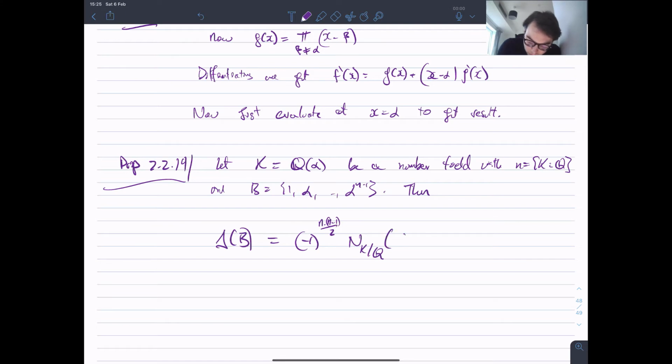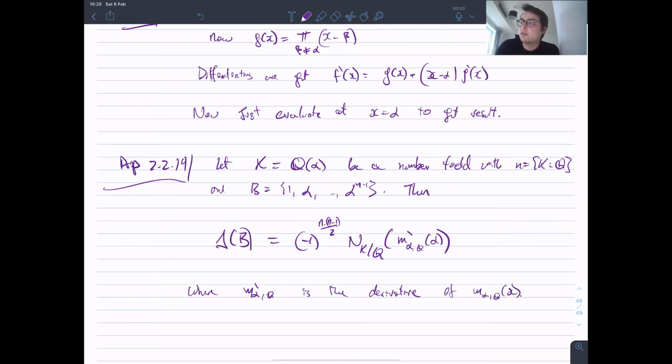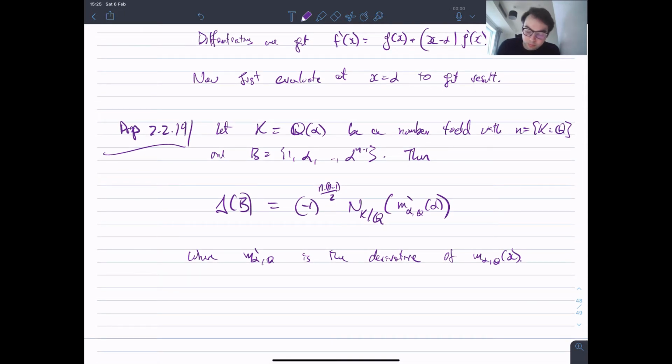And what's this element? Well, it's what you get from taking the minimal polynomial of alpha over Q, because we're working over Q. You differentiate it and then you evaluate at alpha. So I just wrote where m alpha prime is the derivative of m alpha Q of x. Remember, this was a minimal polynomial.